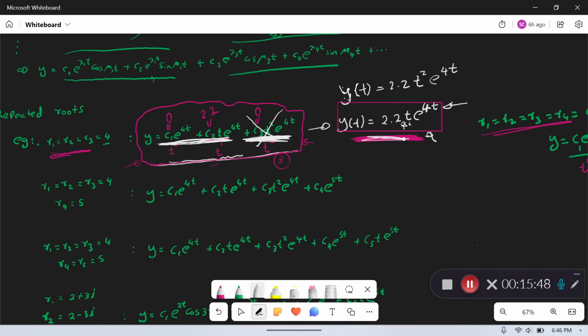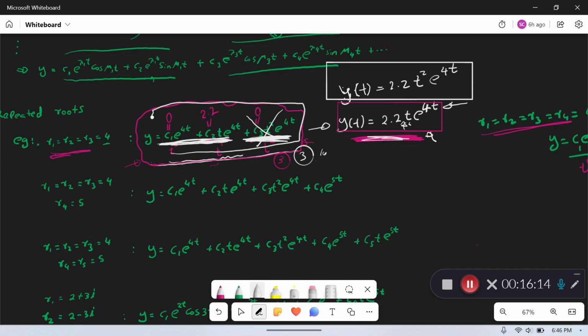It is possible to have three or even four or higher terms, but at least you should have two. That's the whole point behind this calculation. And if you have this one, t squared, you should at least have three repeating roots, and there might be some higher order polynomials as well, but you cannot have this solution format just by using two repeating roots.